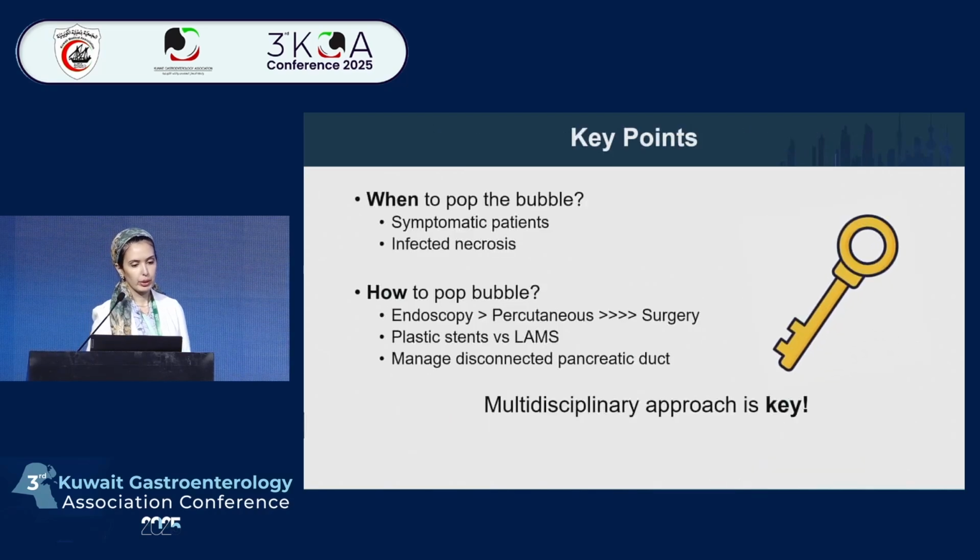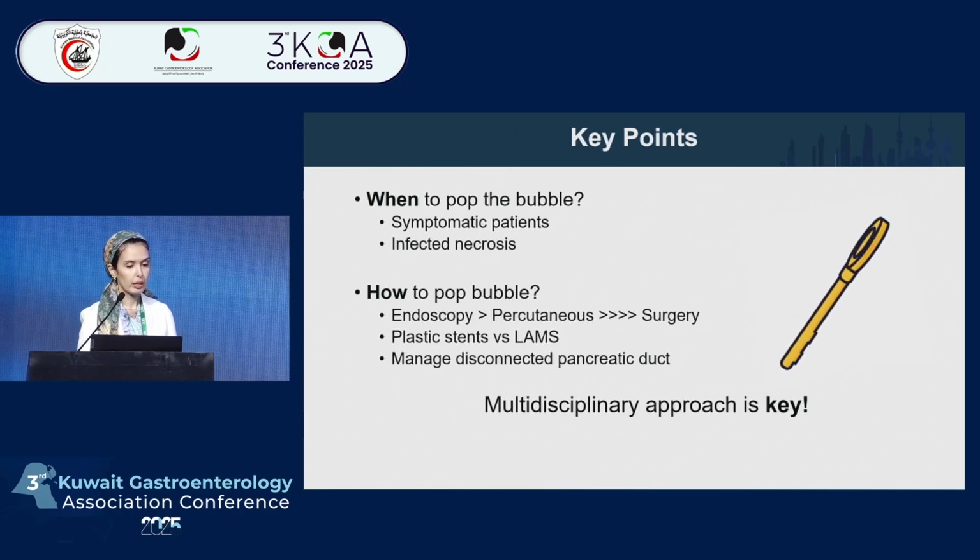So in summary, when do we pop the bubble? Symptomatic patients only, never in asymptomatic patients, and of course in infected necrosis. And how do we approach this? Endoscopy is the preferred approach, sometimes in conjunction with percutaneous drainage, and these have been found to be more effective with fewer complications than surgery.